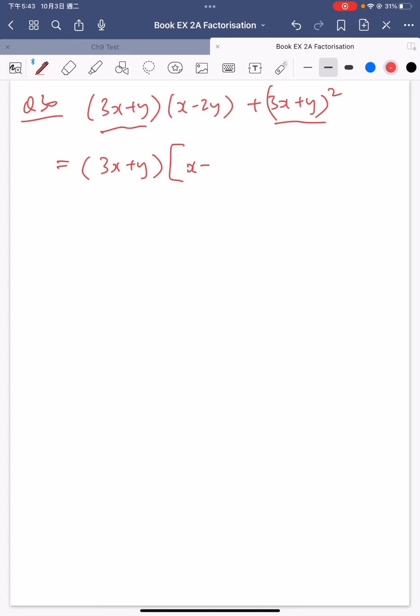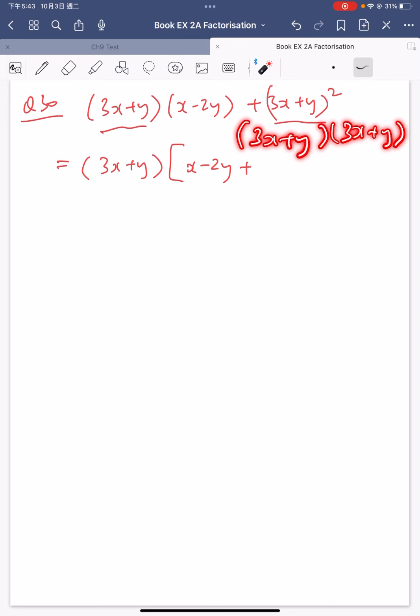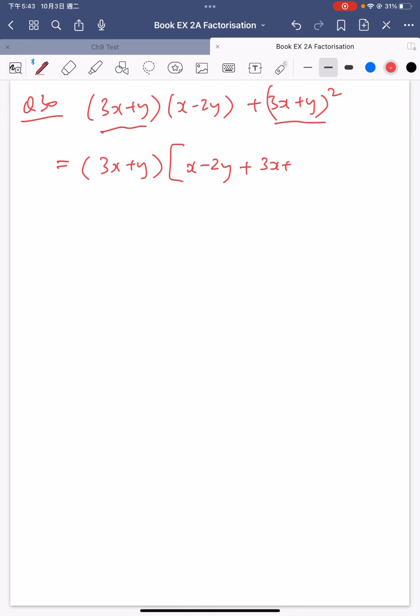So we have x minus 2y plus what we left here. So 3x plus y squared is equal to 3x plus y times 3x plus y. We take one of the 3x plus y, so we still have a 3x plus y left. So plus a 3x plus y again. Then we can group the similar terms so that we have x plus 3x give you 4x, minus 2y plus y give you minus y. So that's the answer for question 30.